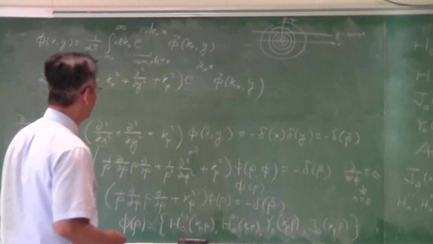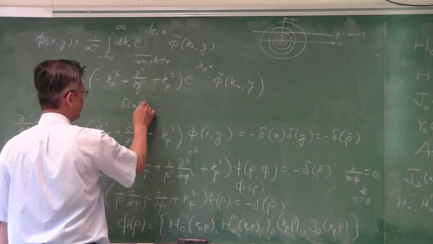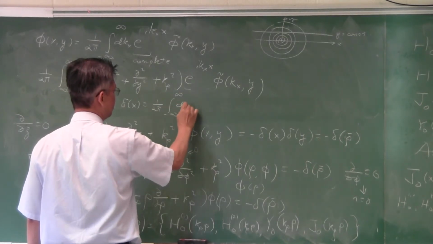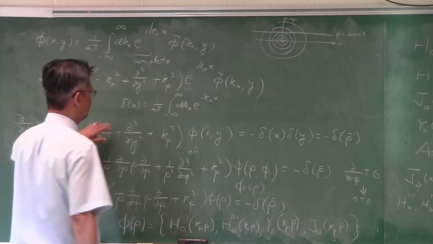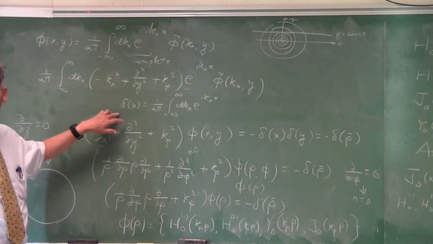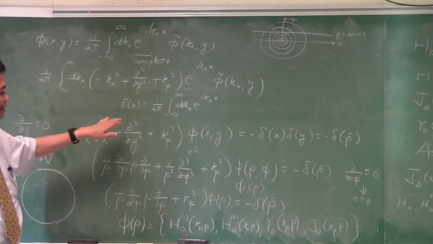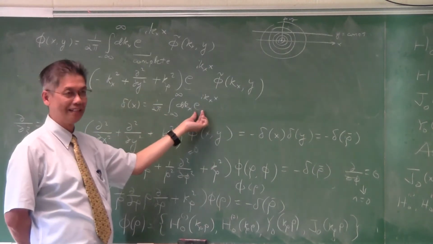And then on the right hand side, I'm going to make use of the fact that delta x is 1 over 2 pi, integral from minus infinity to infinity dkx e to the i kx x, right? All of us somehow know this from electrical engineering courses. The delta function can be written as this because this thing is complete.